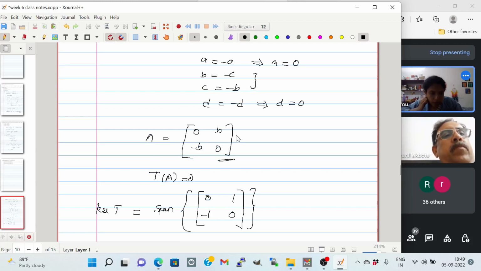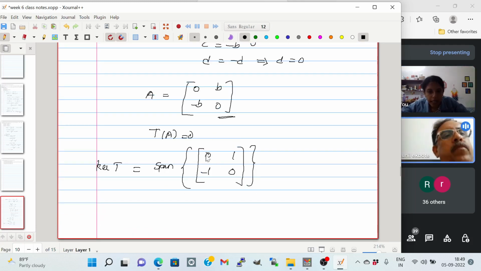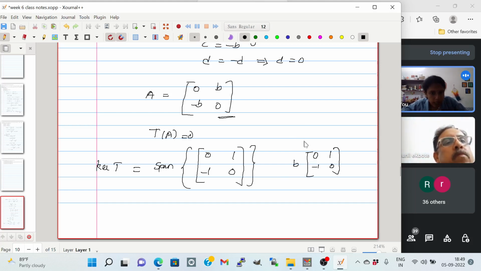If I have the element [0, 1; minus 1, 0], I can generate any element of the form [0, B; minus B, 0], because the only thing I need to do is multiply [0, 1; minus 1, 0] with B. Then I will get this element. Multiplying with a scalar means this is the span of this one.